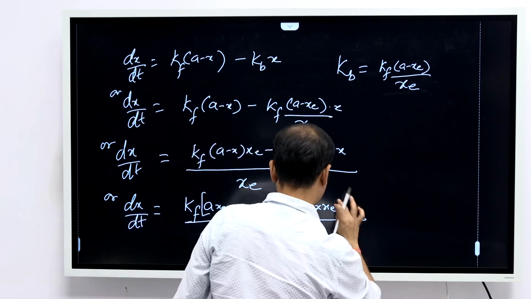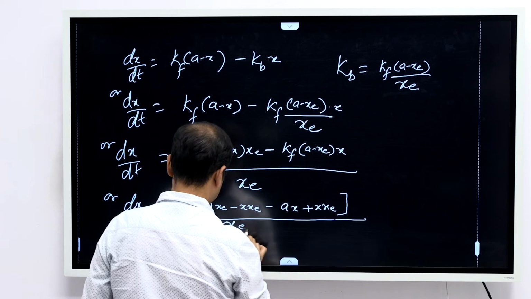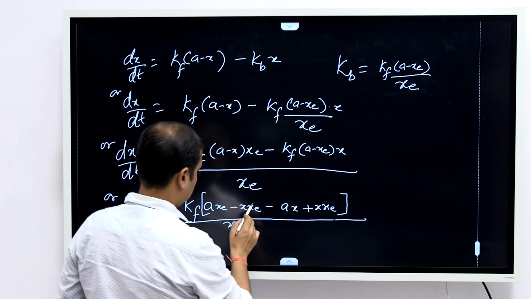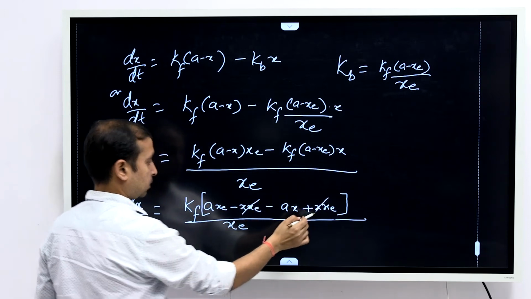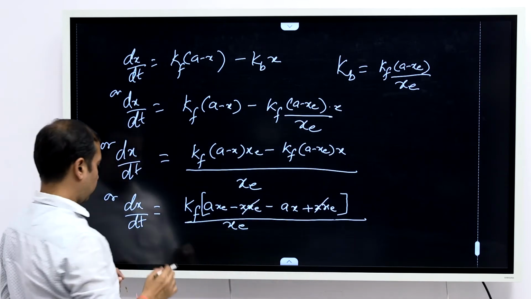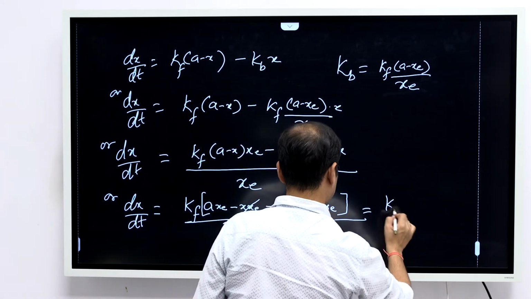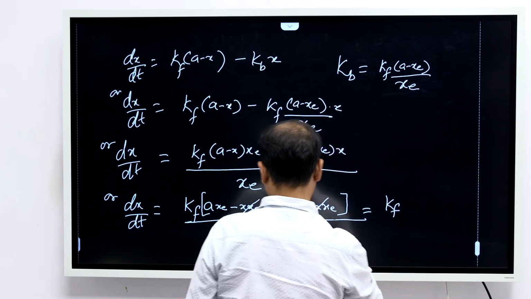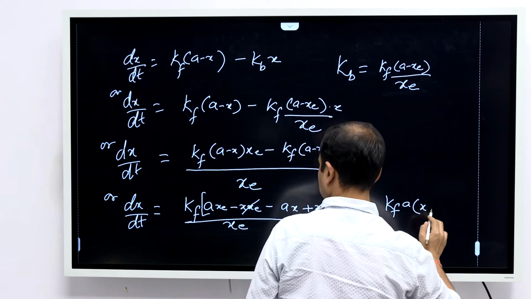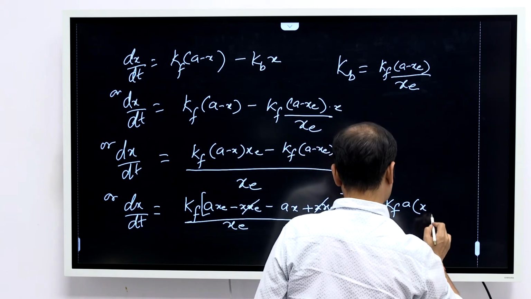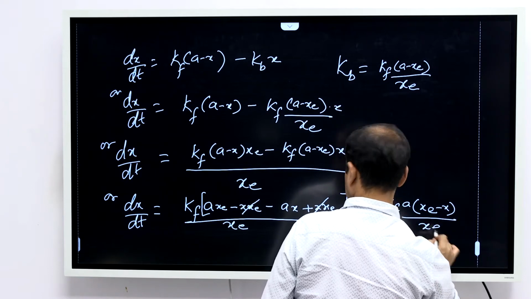So the plus x xe and minus x xe cancel each other. Now we are left with dx by dt is equal to kf into a, which can be taken as common, kf into a xe minus x divided by xe.